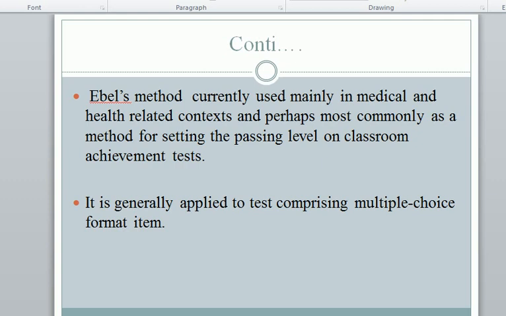So like the Nadelsky method, Ebel's method also uses multiple choice format tests for making cut scores or decisions, to declare pass or fail for students.